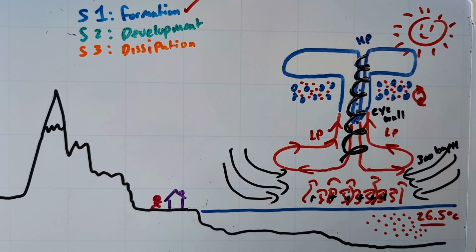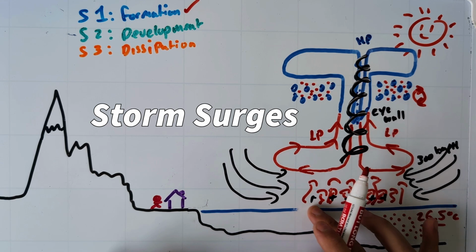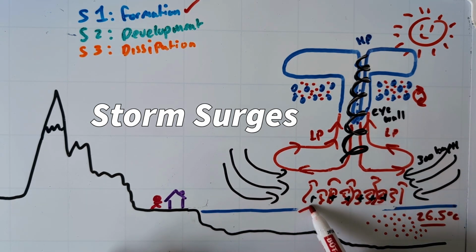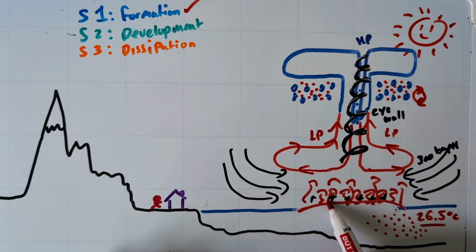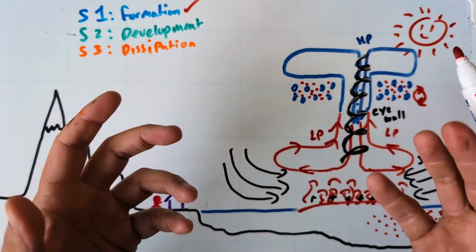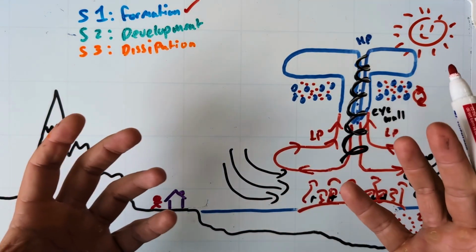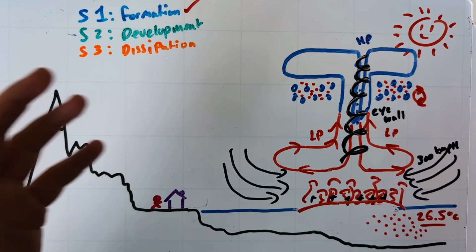All right, the next thing that we need to know is storm surges. Because there is so much evaporation, the pressure is being taken off of the surface of the ocean. So there's less weight of air pushing down on it, there's less pressure involved. So again, if you're pushing down on something and then suddenly you take away that pressure, what's it going to do?